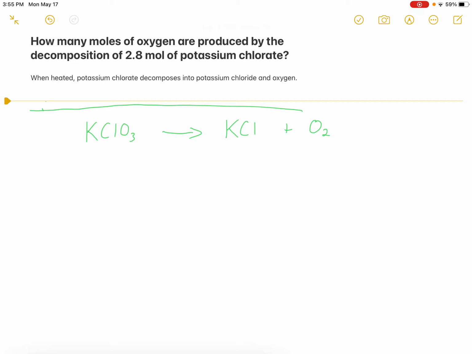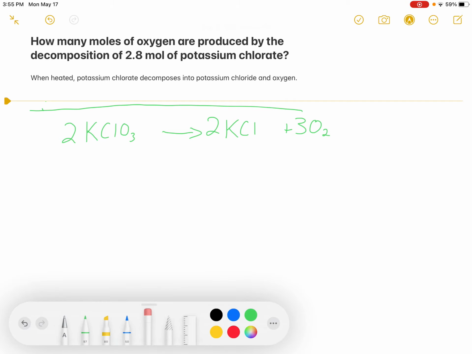So our next step here would just be to balance this equation, which I will just quickly do now because we have had some practice before with balancing chemical equations. So what this means when we say 2 KClO3 yields 2 KCl plus 3 O2, that's really telling us a molar ratio of this reaction.